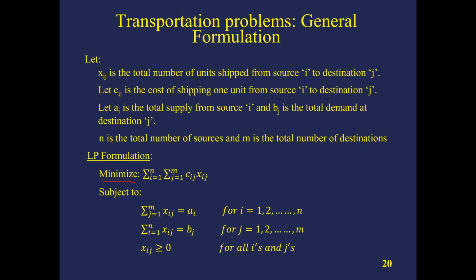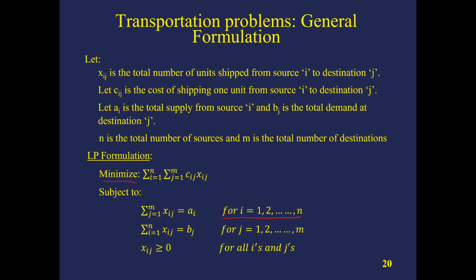Subject to, the number of units transported, summed over j equal to 1 to M, where M is the total number of destinations, for i equal to 1 to N, equals Ai, which is of course the total supply from source i.